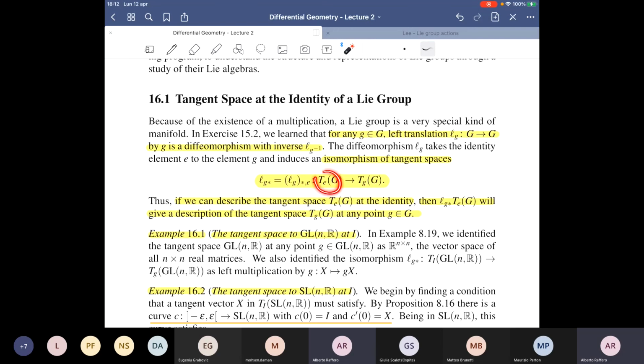So all these tangent spaces are isomorphic. So in particular, if you can describe the tangent space at the identity, then using the left multiplication, you will describe the tangent space at every point of the Lie group.